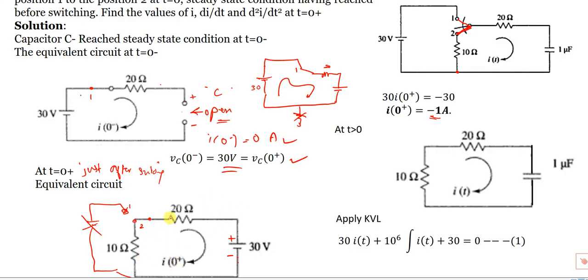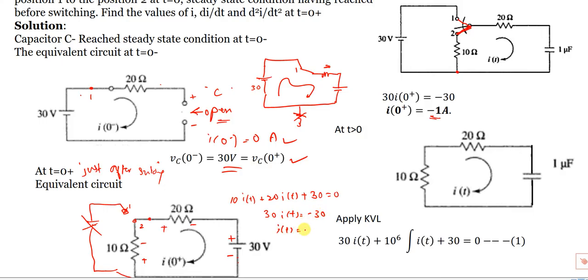I can write I of t in the circuit given. In the original circuit, I of t is clockwise. This is plus to minus, and this is also plus to minus. From here, plus to minus, I write 10 I of t plus 20 I of t plus 30 is equal to 0, or 30 I of t is equal to minus 30.